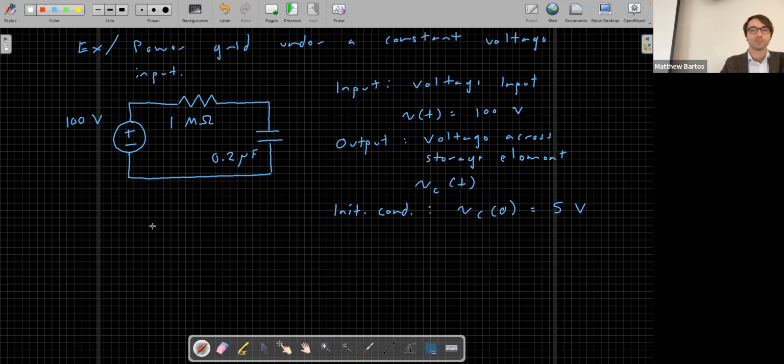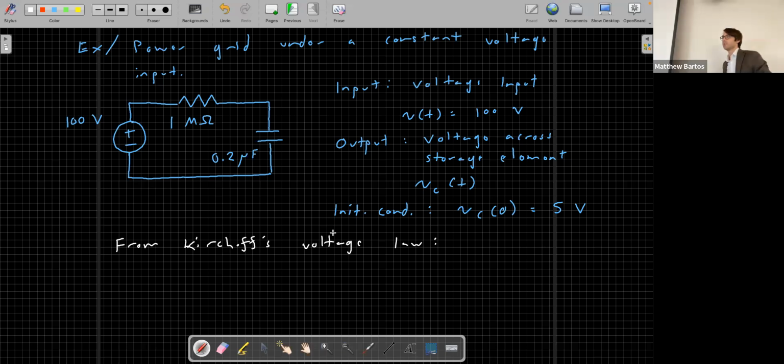Okay, so to start, we can start solving the system by applying Kirchhoff's laws. From Kirchhoff's voltage law, what does that tell us? Kirchhoff's voltage law tells us that the sum of the voltage changes around each loop is equal to 0. So how can we write that mathematically? Let's go around each one of these elements.